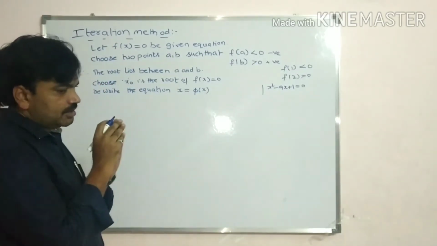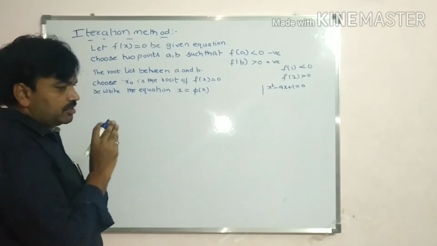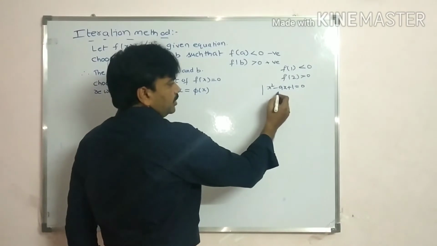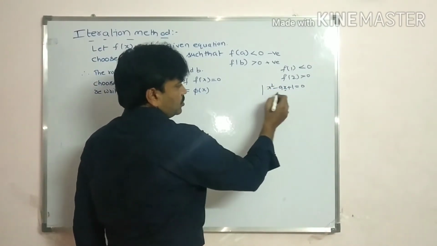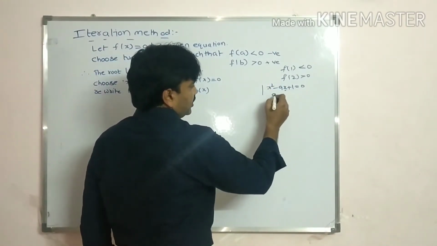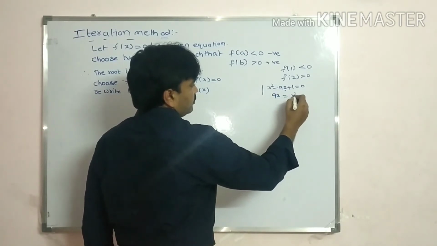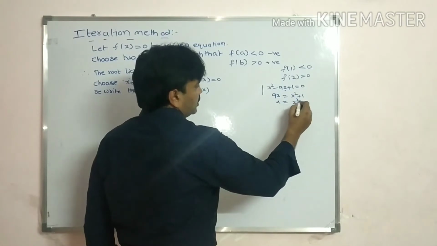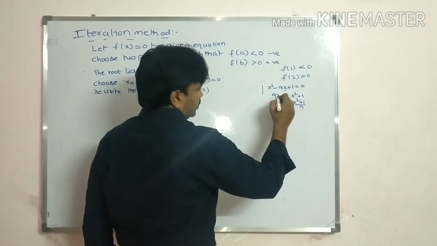That means the left hand side only we have x. Rest of the terms are right hand side. So here we have 9x, so you transpose to the right. That means we get here 9x is equal to x square plus 1. We divide with 9, we get here x is equal to x square plus 1 by 9, students.